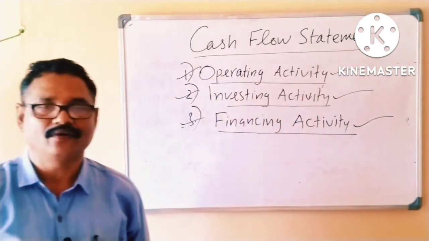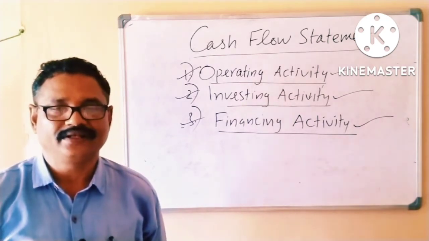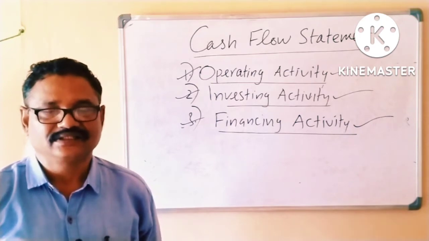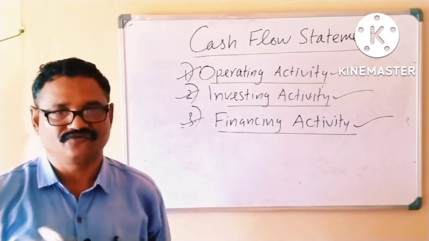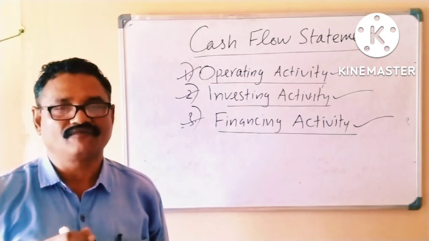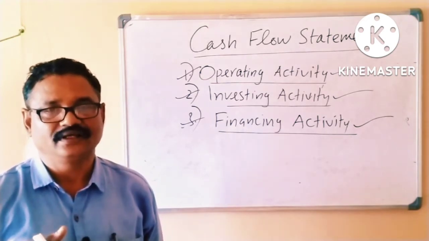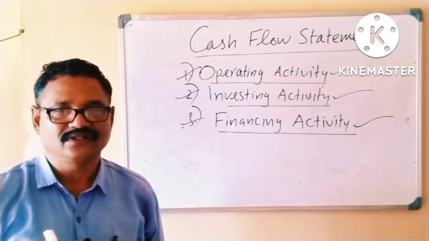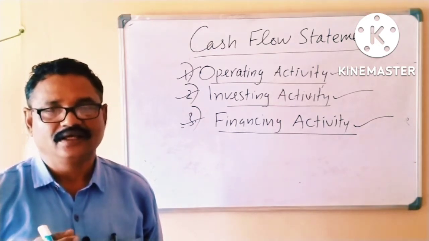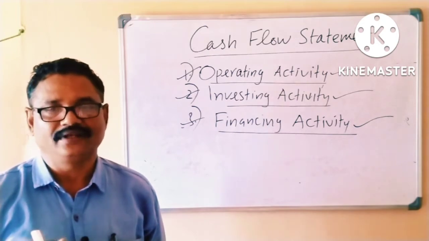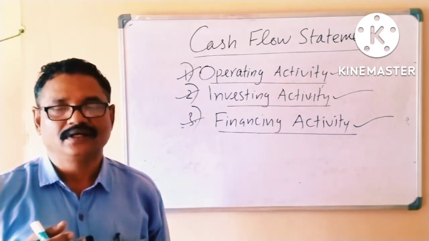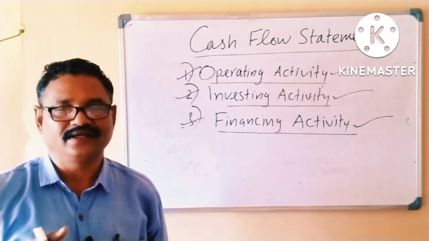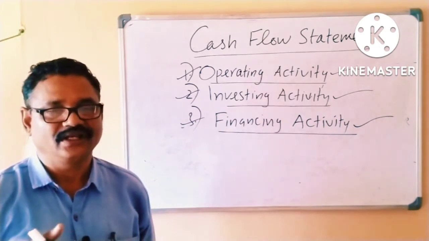What do you mean by operating activity? Operating activity is nothing but the running or maintenance of business. It is a sum total of net profit, decrease in the value of current assets, increase in the value of current assets, decrease in the value of current liabilities, then some non-cash expenses like depreciation, loss, like that.